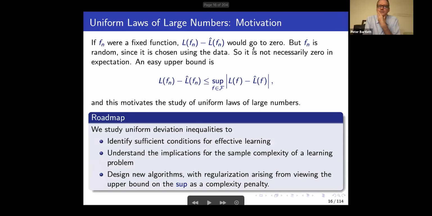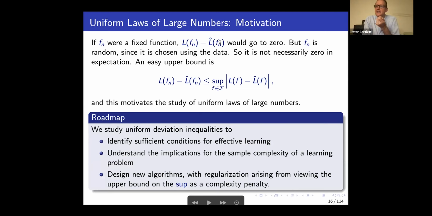So this is a random variable, the Fn. And we should expect this to be biased because we're choosing the function because it looked good on the data. If we pick a single function like F star, then the empirical risk is an unbiased estimate of the risk.